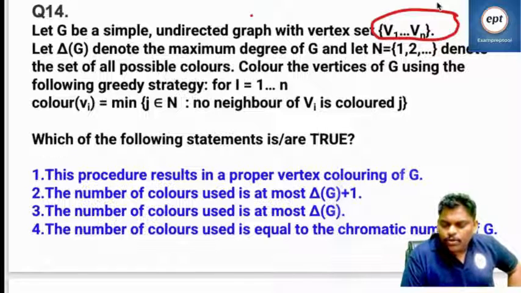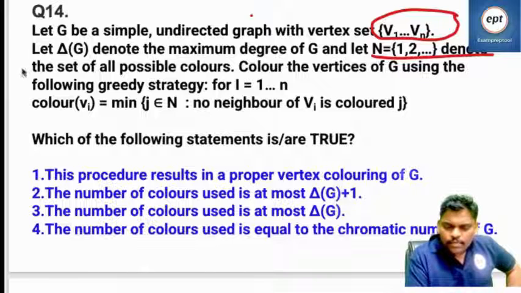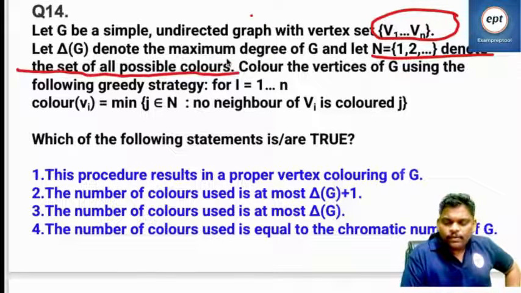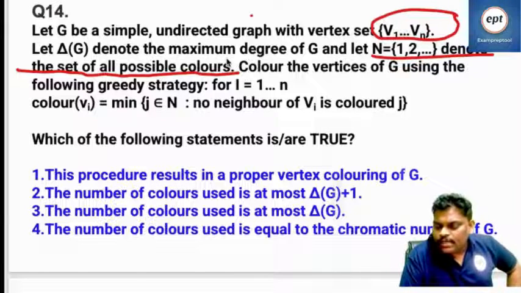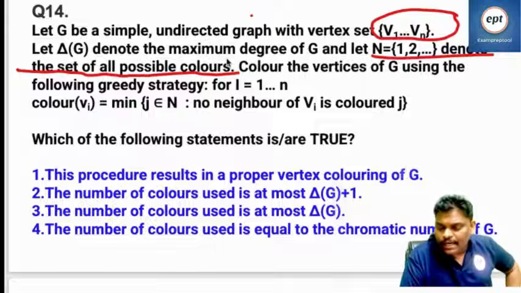The set of all possible colors: these are the colors, and n is equal to that many colors. Delta G is the maximum degree. Possible colors n equals 1, 2, 3 and so on. Color the vertices of G using the following greedy strategy.